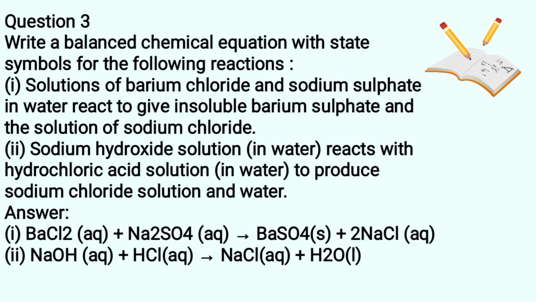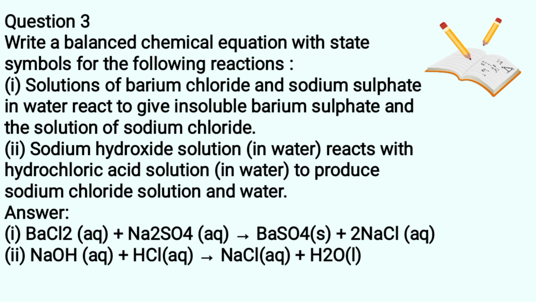So let us begin solving, that is barium chloride, which is a solution. So let us write it as aqueous, and sodium sulfate, that is also a solution, so we will write aqueous, and that gives barium sulfate. So here it is written, it is insoluble.